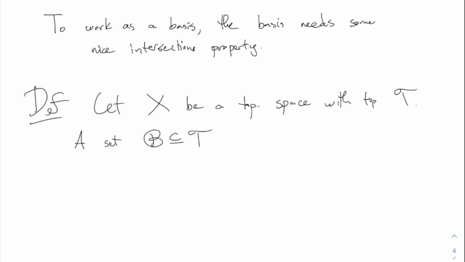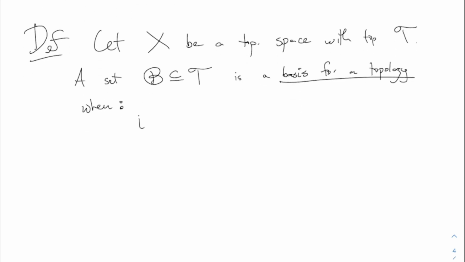So a set B, a subset there, is a basis for a topology when it has these two properties. Number one, first of all, you have to actually be able to get every point of X by using sets from the basis. This is the simpler property. For all x in X, there exists a basis open set with x in B. All right?